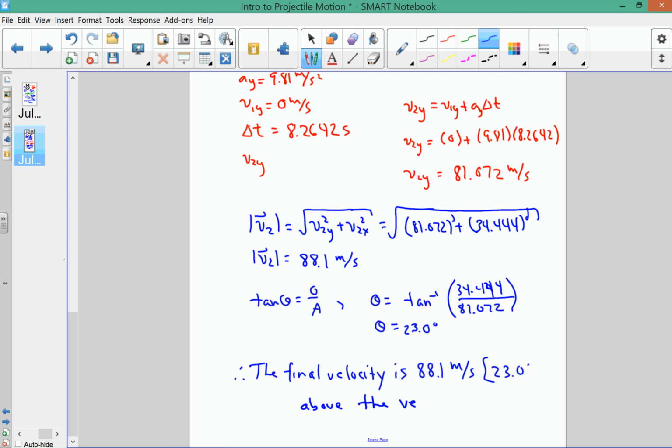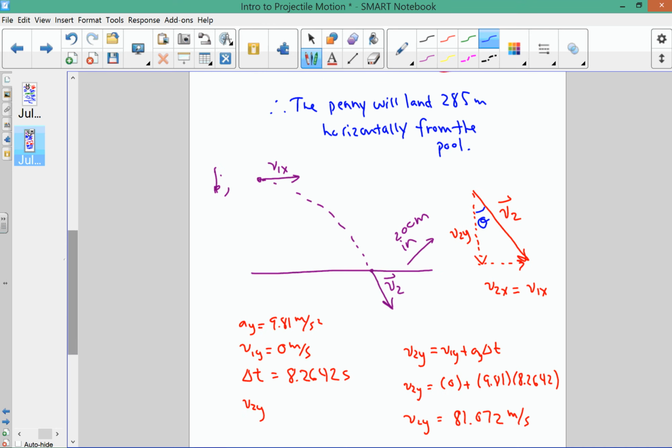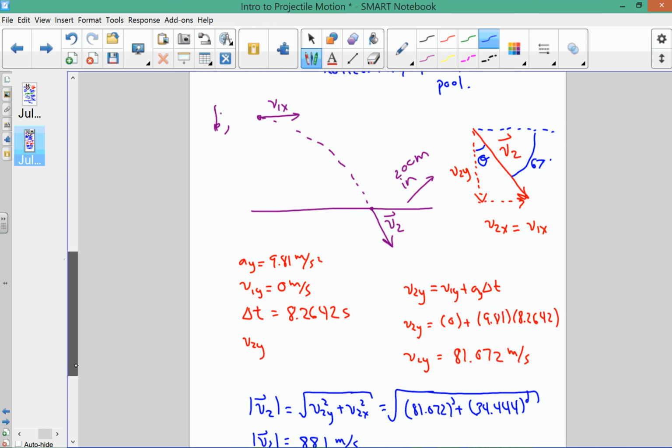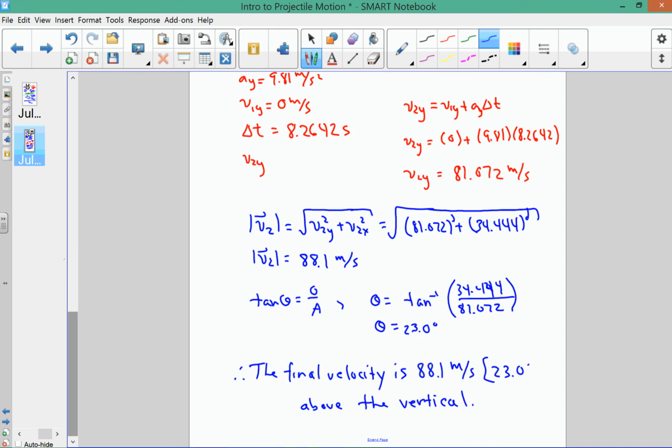Now, one other way of describing this is, since this blue line represents the horizontal and the complement of 23 degrees is 67 degrees, you could also equivalently describe this as 88.1 meters per second, 67 degrees below the horizontal. So that's just another equivalent way of describing the direction of that vector.